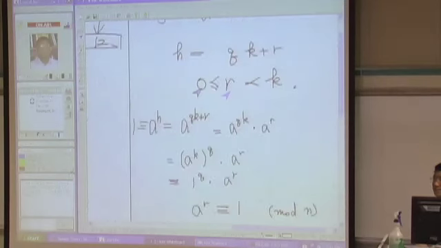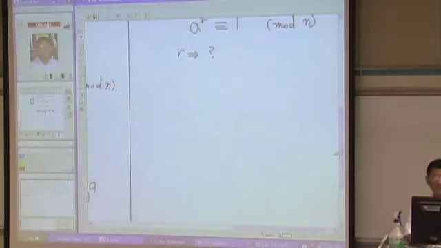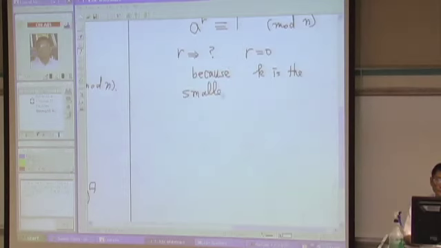So if r is smaller than k having this property, then r should be equal to what? The only possibility is 0. So r should be 0 because k is the smallest possible positive number satisfying the condition.